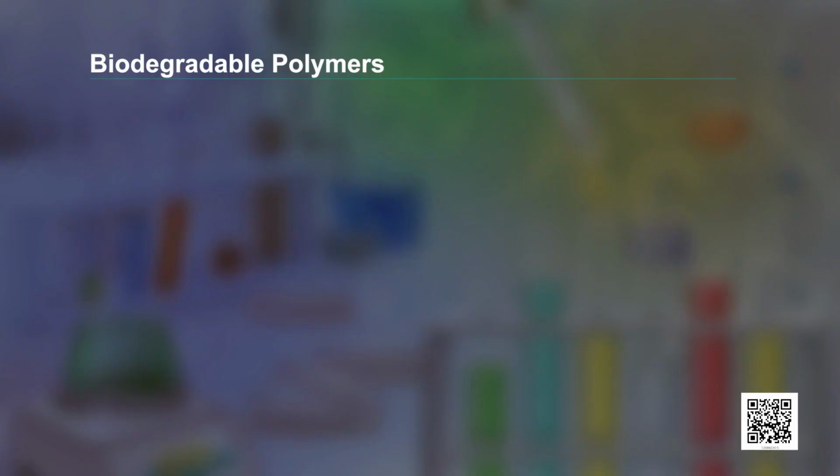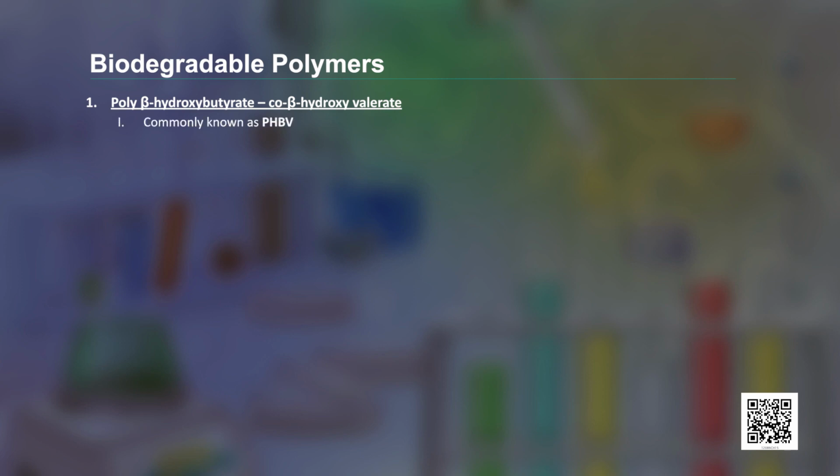These polymers contain functional groups similar to the functional groups present in biopolymers. The two important examples of this type are poly beta hydroxybutyrate co beta hydroxyvalerate, commonly known as PHBV.